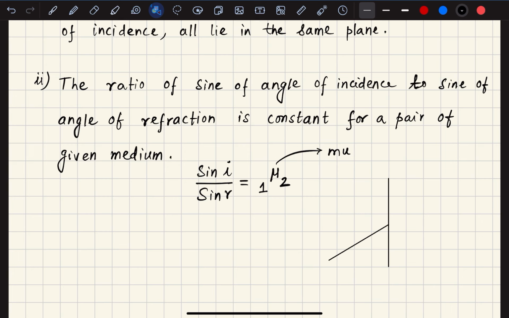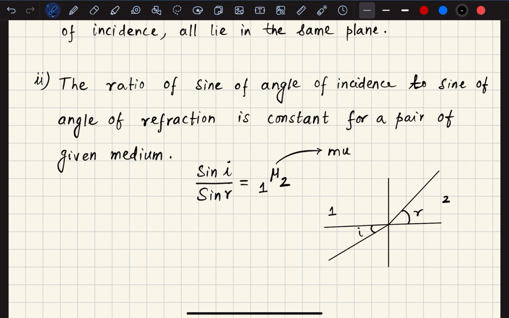Suppose this is bending away from the normal. Now this is my normal. This is my angle of incidence, this is my angle of refraction, this is my medium 1, this is my medium 2.